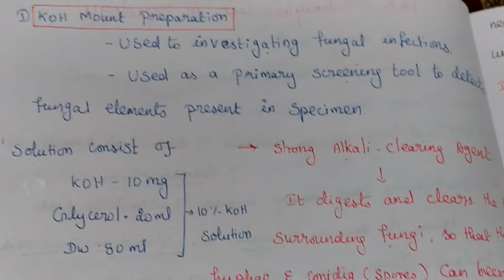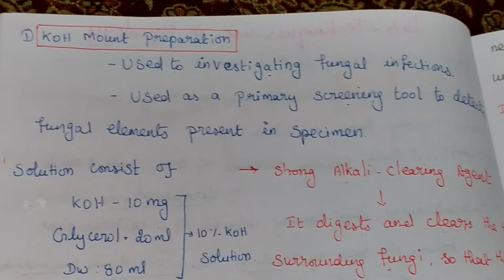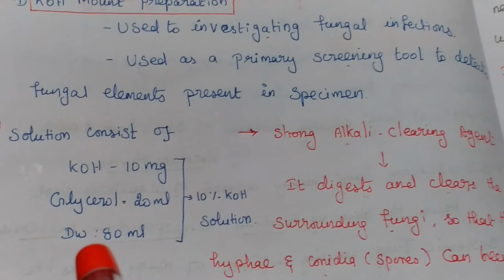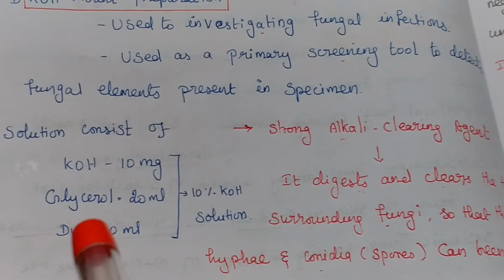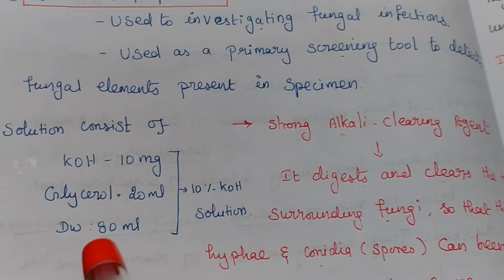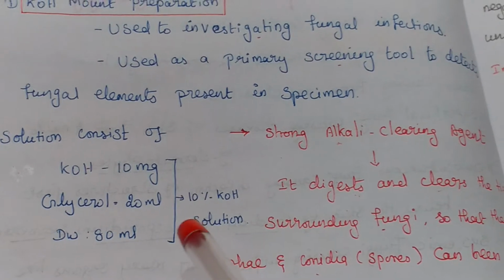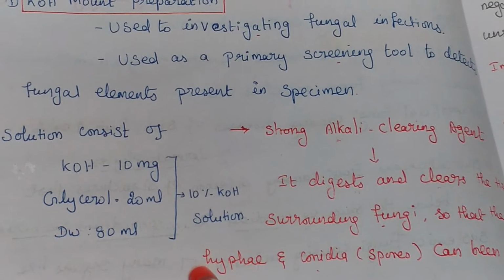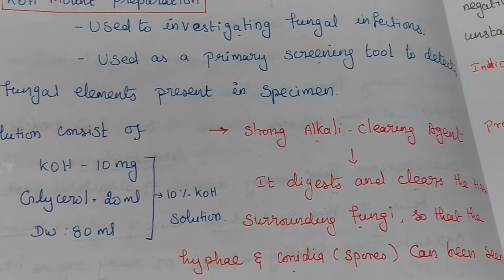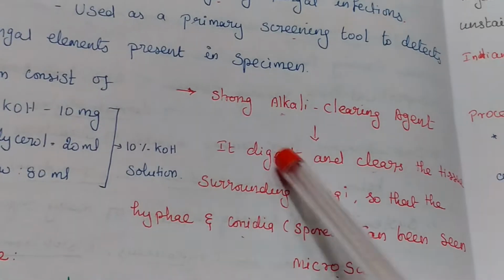This KOH mount solution consists of KOH 10 g, glycerol 20 ml, distilled water 80 ml. This is a 10% KOH solution. It is strongly alkaline in condition.